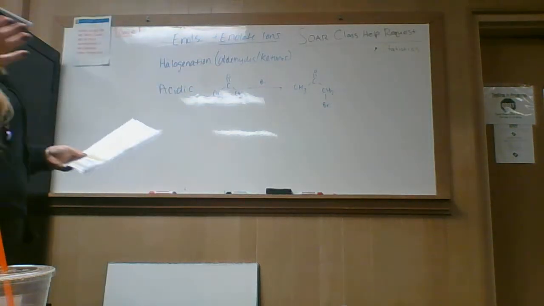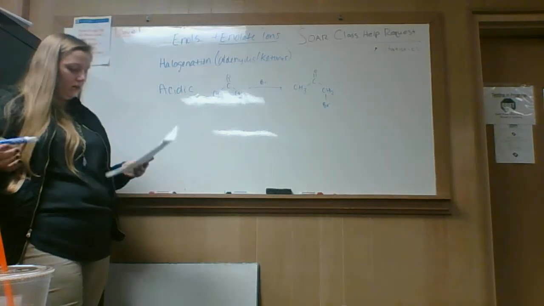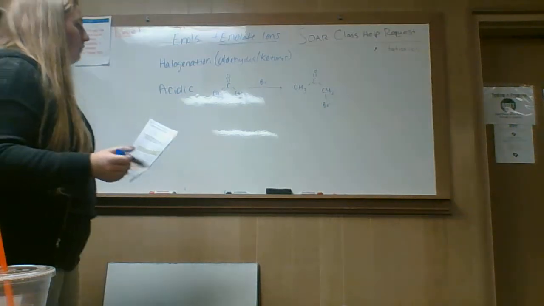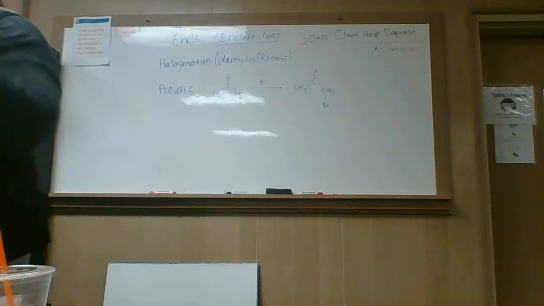Once one is added, it kind of shuts the reaction down. Essentially, it makes it harder to form those enolate anions.